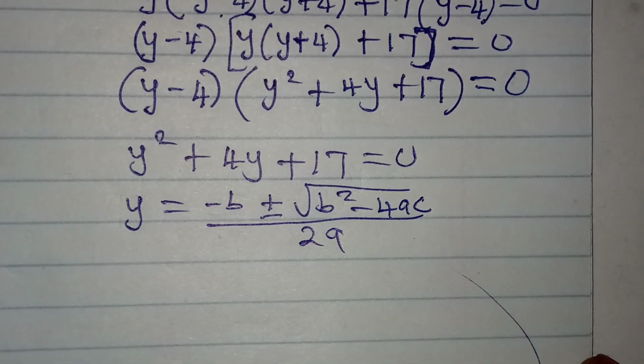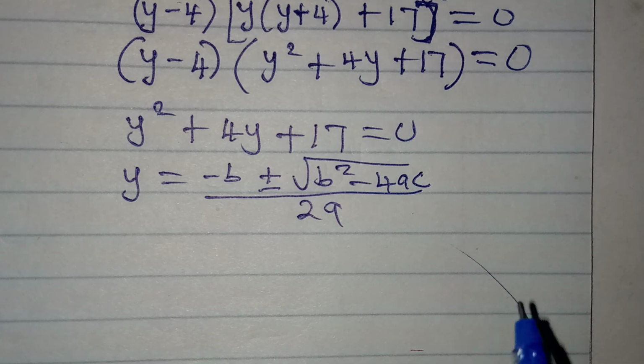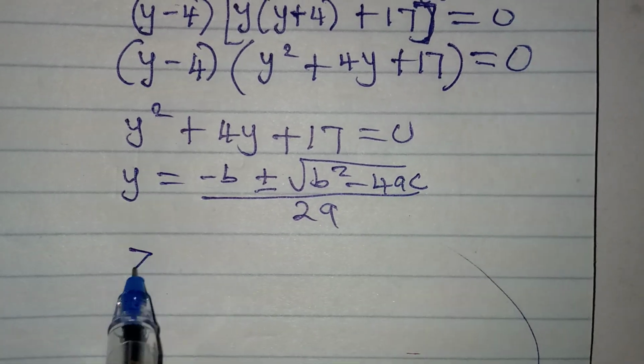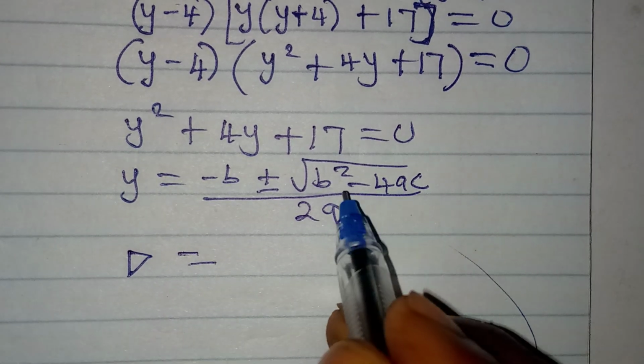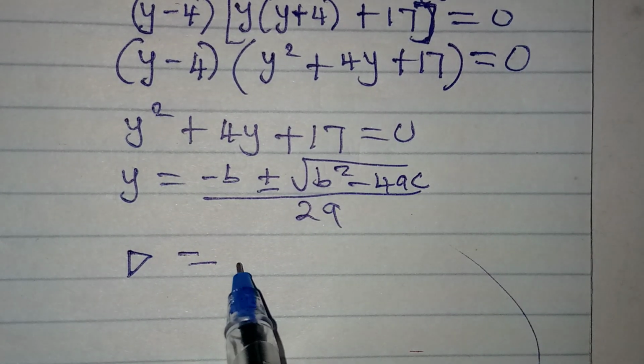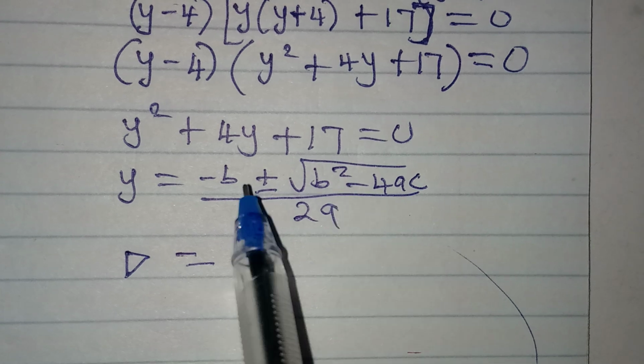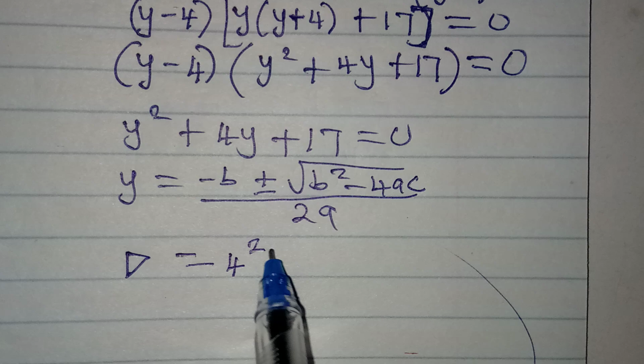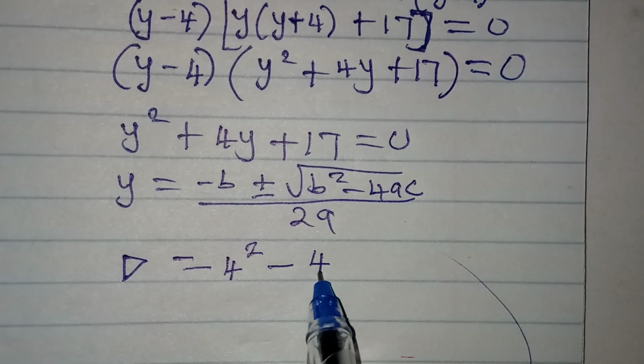So if you want to get the discriminant alone, what you will do is get what you have in this bracket, in this square root sign. So your d will be equal to b squared minus 4ac. And then our b squared now becomes 4 squared because b is 4. Okay, we have 4 squared minus 4 times a.